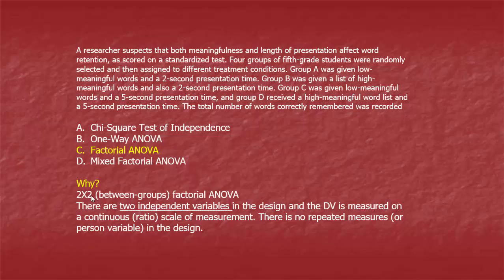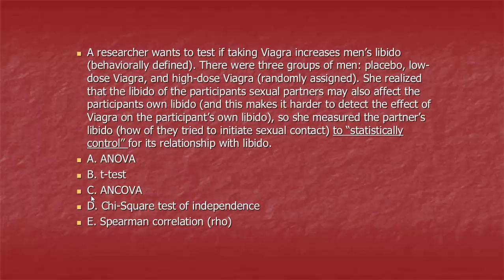That's why it's a 2x2. Here there are 2 independent variables, and the dependent variable is measured on a continuous ratio, really, scale of measurement. There's no repeated measures or within subjects aspect to it. That's why it's really a between factorial ANOVA and not a mixed, and not a within factorial ANOVA.